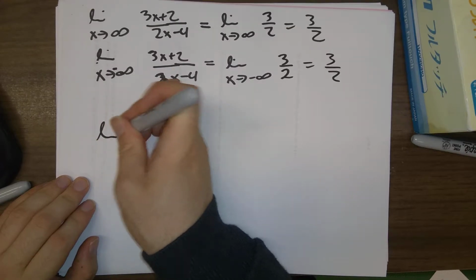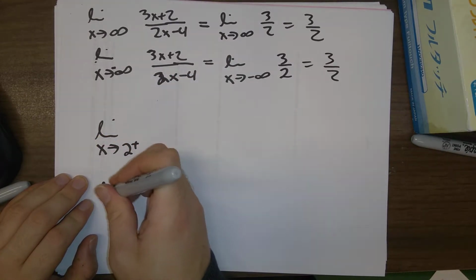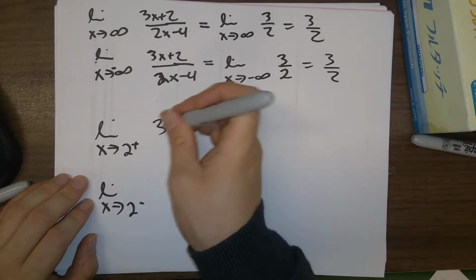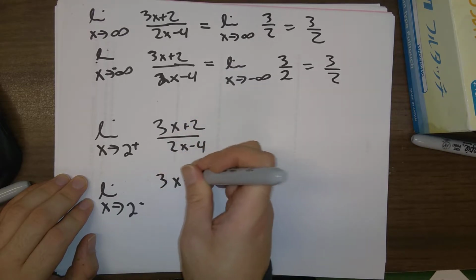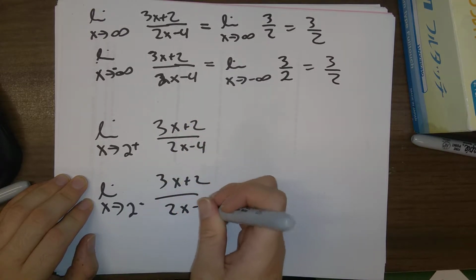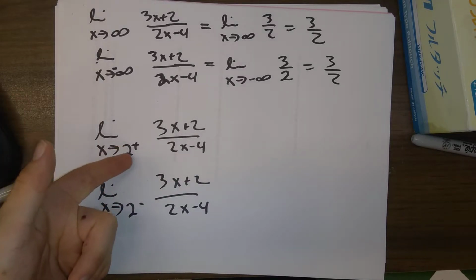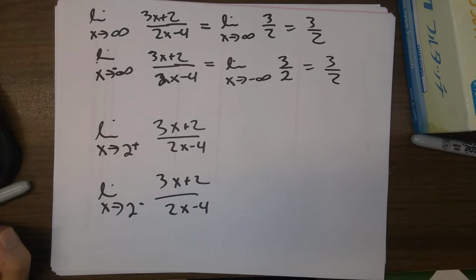And then finally, we should think about the behavior as we're going to 2, because our function is undefined at 2. So we're going to think about the limits from the right and the left. As we get close to 2 from the right, 2x minus 4 is a small positive number. 3x plus 2 would be getting close to 8.